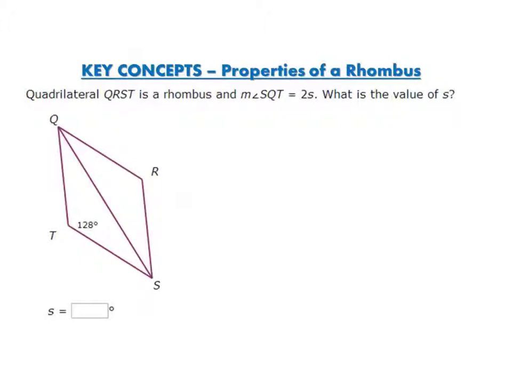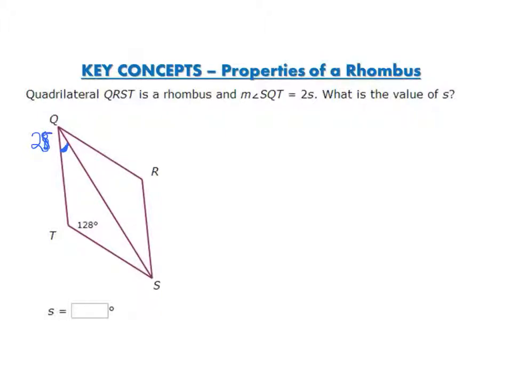The next problem, quadrilateral QRST is a rhombus, and the measurement of SQT equals 2S. What is the value of S? So, I have been told that angle Q, because that's the middle letter, is 2S.